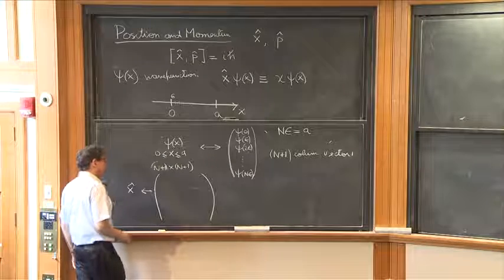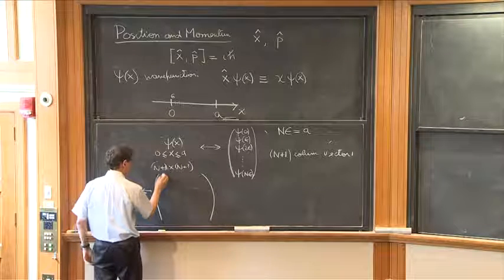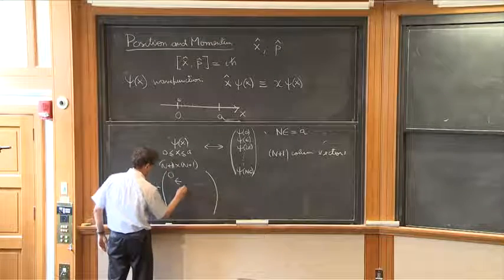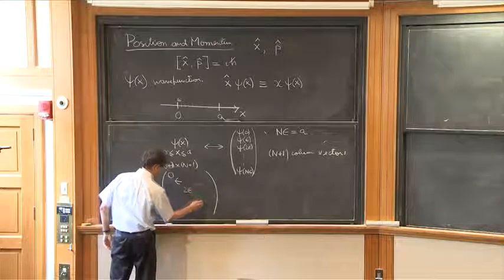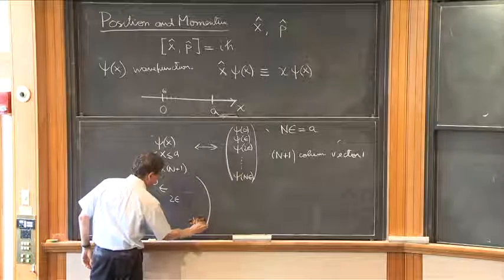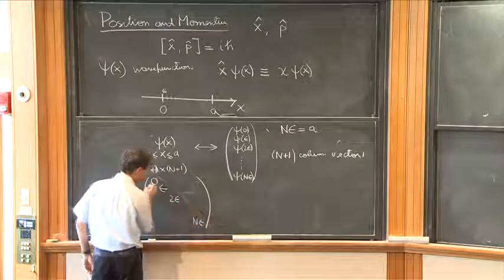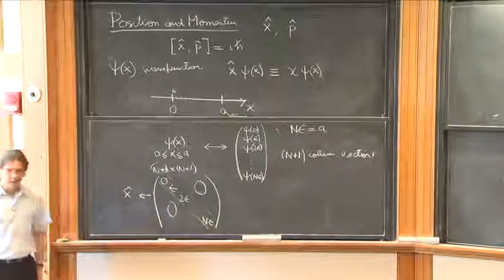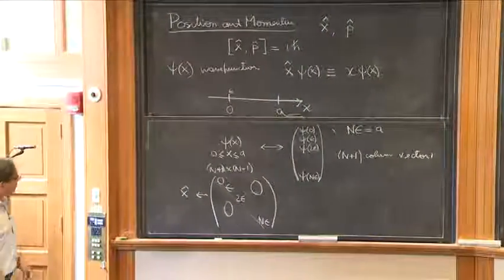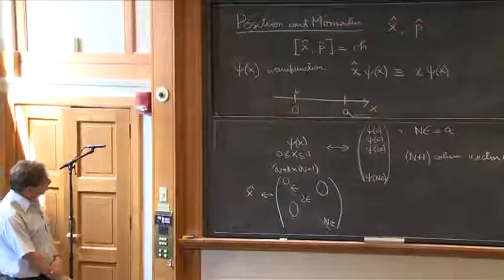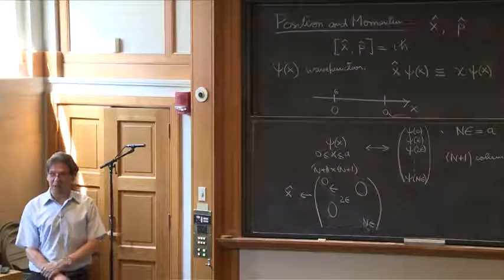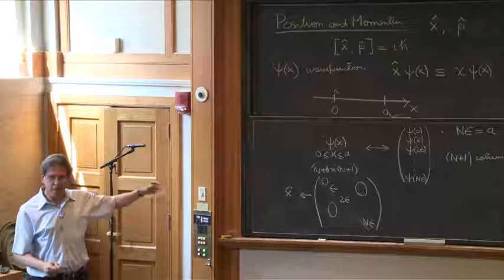Its entries are 0 everywhere except on the diagonal, where they are 0, epsilon, 2 epsilon, up to n epsilon. And here is a big 0 and a big 0. This, I claim, is the way you should think of the x operator if you thought of the wave function the way we wrote it.